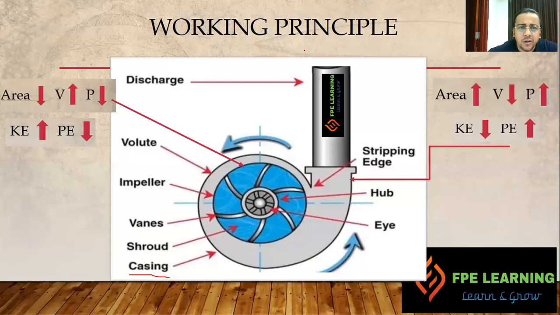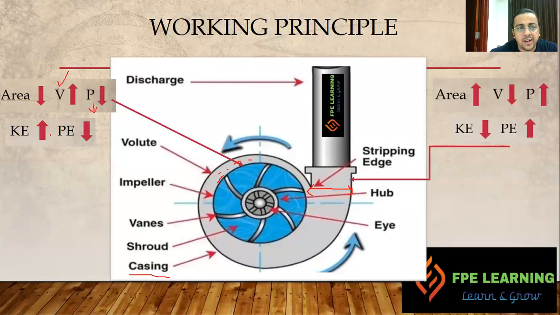So the last point I want to cover here. When the liquid comes at this point, look at this area, right? This area is very small compared to this area. So as we can see, we have less area. So at that location, velocity is high but pressure is low, right?